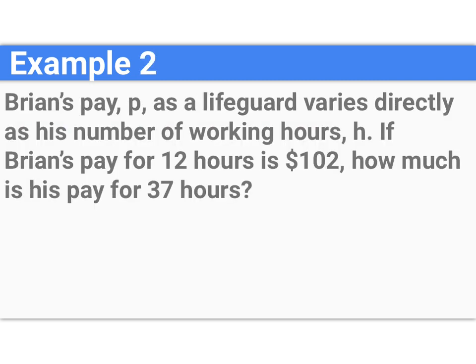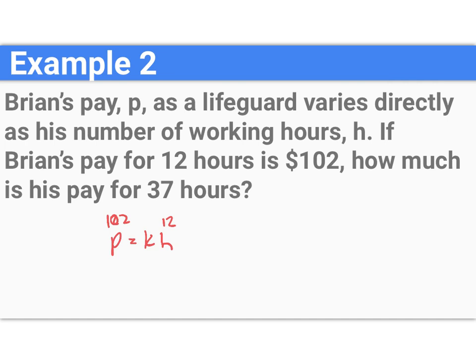Okay, Brian P as a lifeguard varies directly as his number of working hours H. So they're telling you that this is a direct variation. Pay equals some constant times H. If Brian's pay for 12 hours is $102, so they tell you that 12 goes here, 102 goes here.